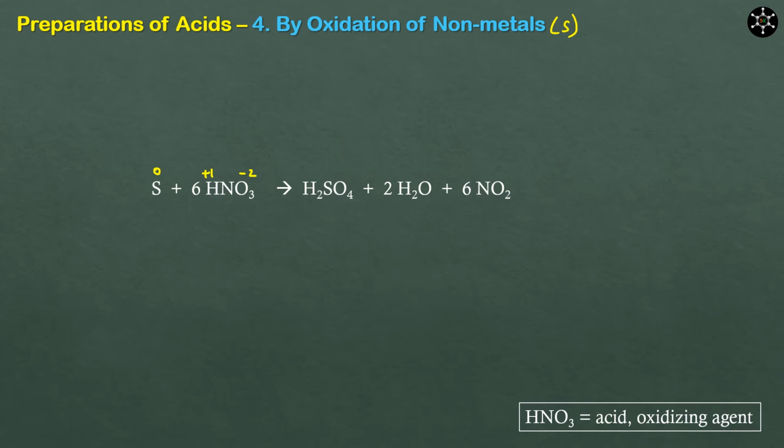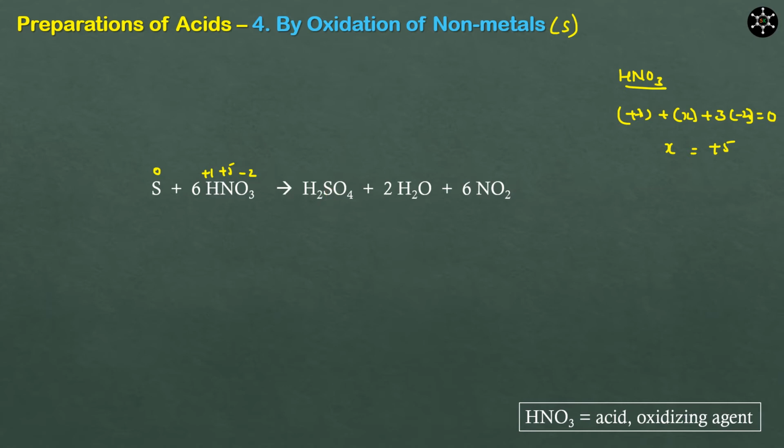Each hydrogen is +1 and we have only one hydrogen in HNO3, so +1 plus nitrogen oxidation number, which we do not know, so let us put it as X. Each oxygen is -2, there are 3 oxygens, and HNO3 as a whole is 0. If we simplify this, we get the oxidation number of nitrogen as +5.